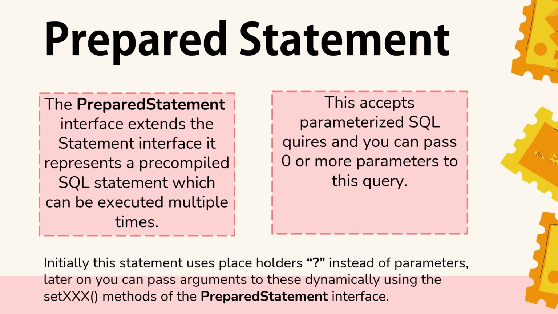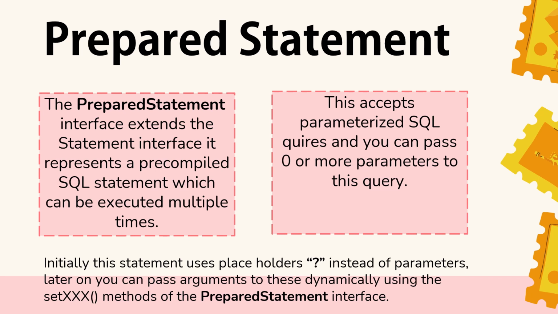So, in Java, a prepared statement is a feature provided by JDBC, Java Database Connectivity API, to execute parameterized SQL queries. It is primarily used to enhance the performance and security of a database operation. The main function of a prepared statement in Java is to precompile an SQL statement and allow for efficient execution of the statement multiple times with different parameters.